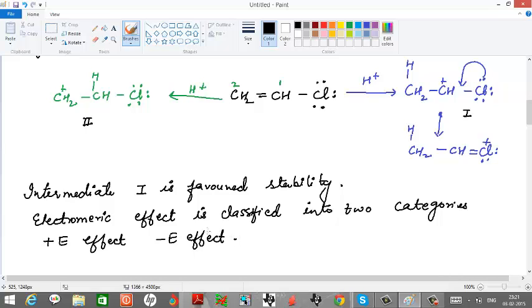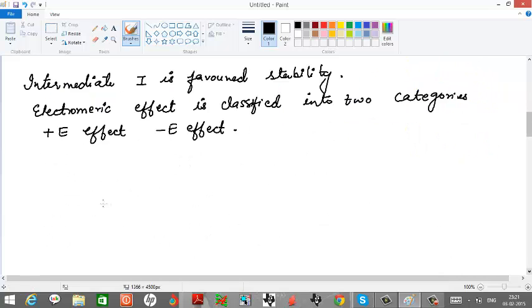Now how are we going to decide what is a plus E effect and what is a minus E effect? When we talk about plus E effect, it is when the attack occurs at the atom where the electrons move.